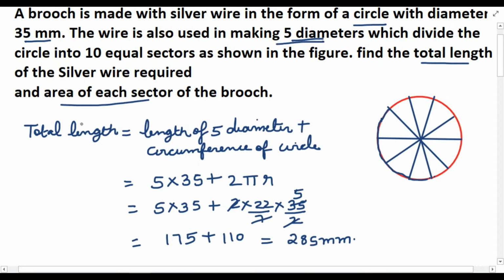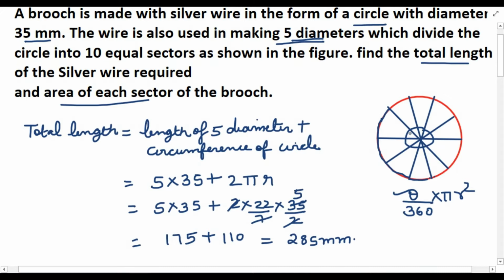Now the second part is the area of each sector. We don't have the angle theta. We know the area of the sector is found by the formula theta by 360 into pi r square, but we don't know theta. R is there, 35 by 2. We know that the angle at the center of the circle is 360.